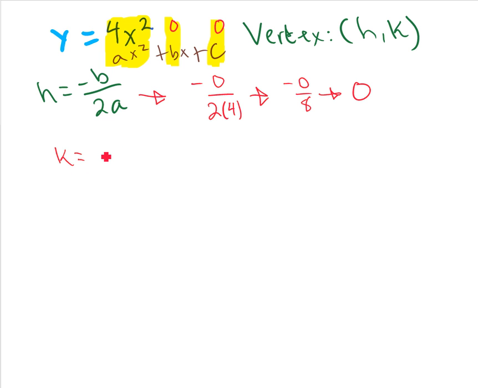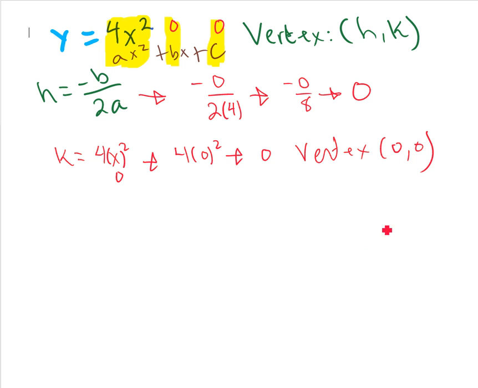We find k by taking our original equation of 4x squared and in place of x, we put 0. So that becomes 4 times 0 squared. 0 squared is 0, times 4 is 0. So our vertex is 0, 0. That doesn't help me graph, so I need to find another point.